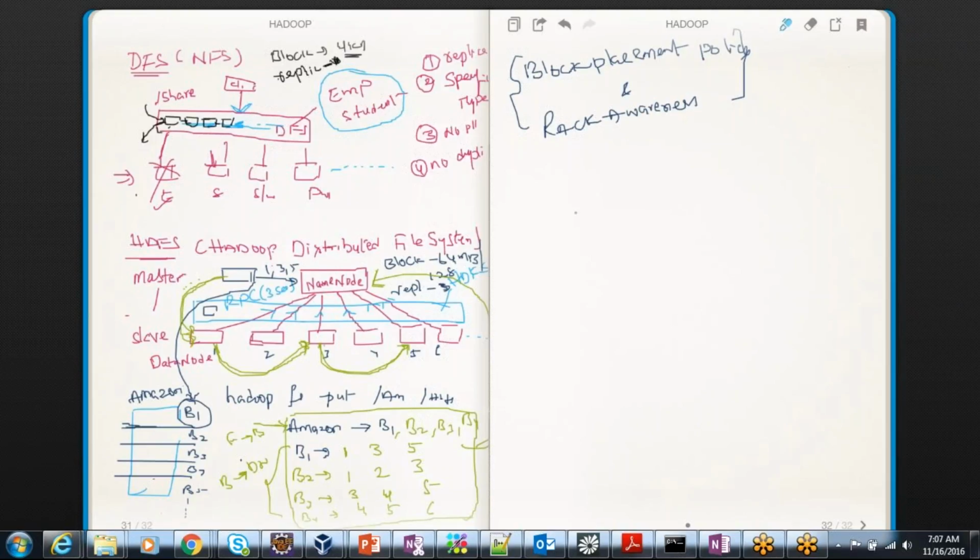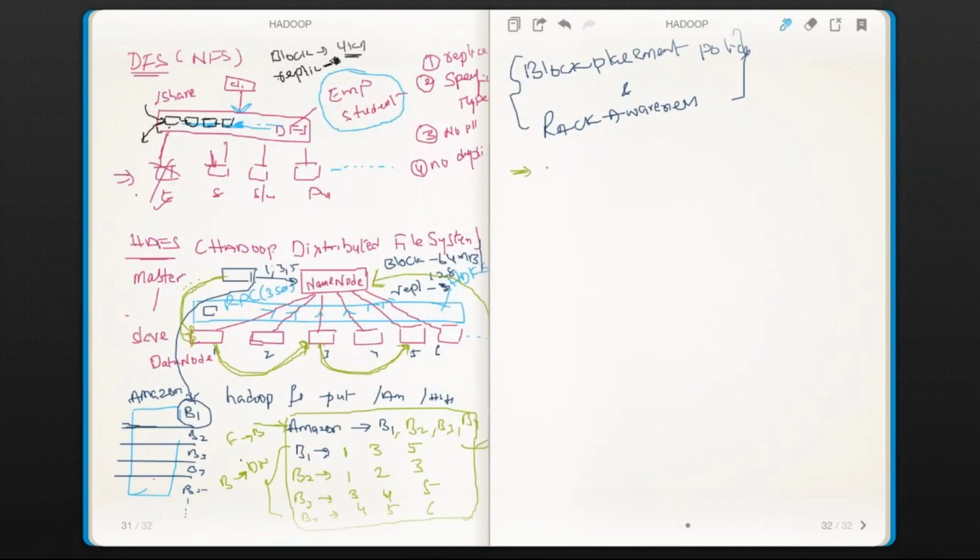Now try to understand the name node. What is the name node, guys? Anyone?